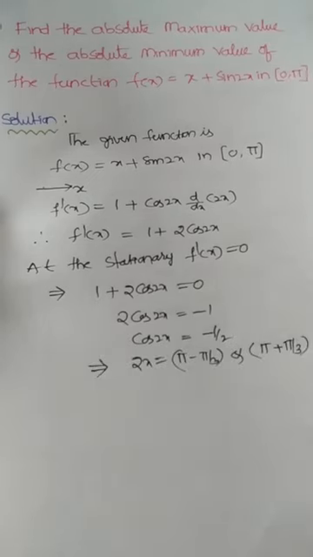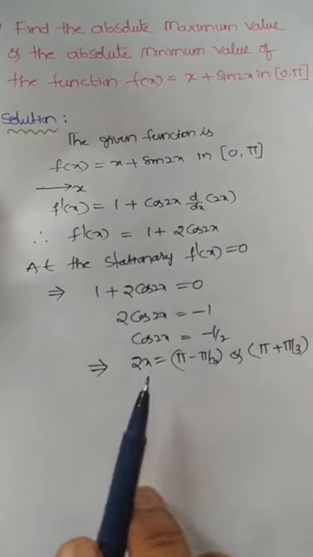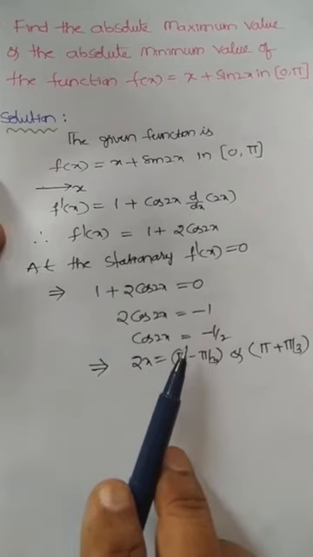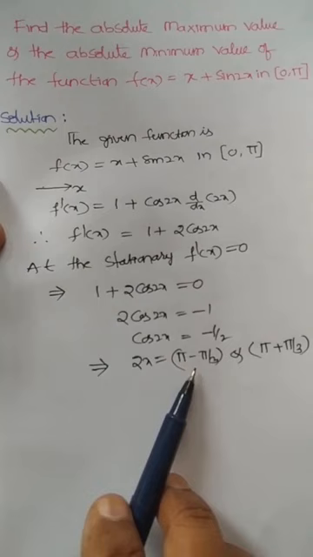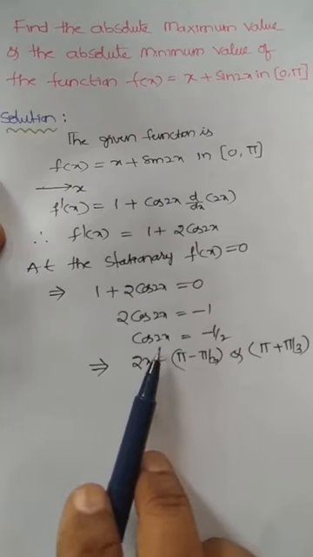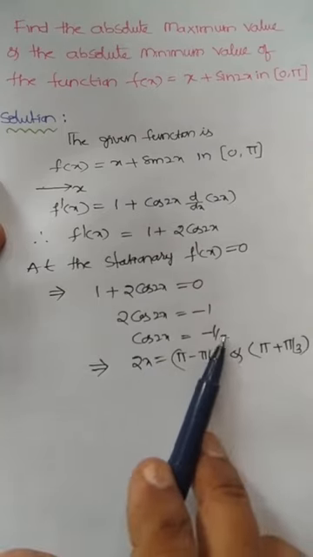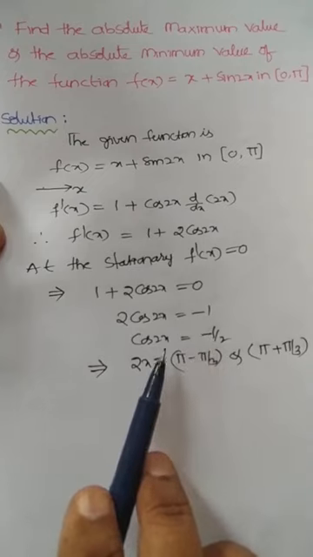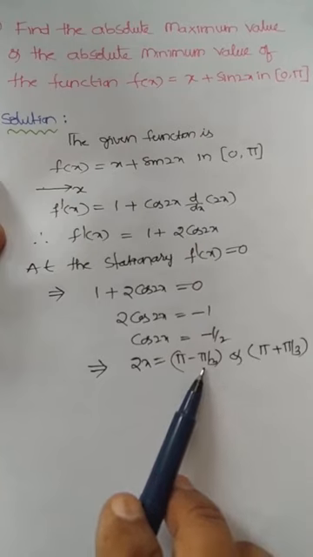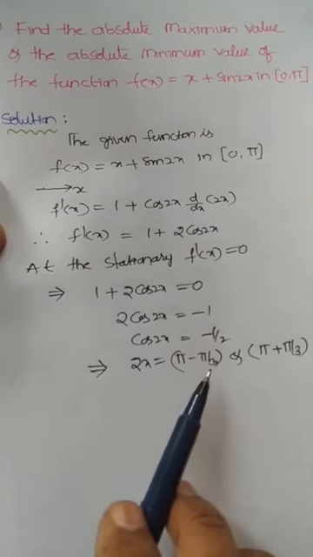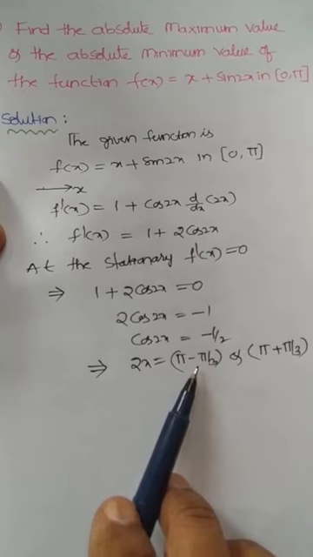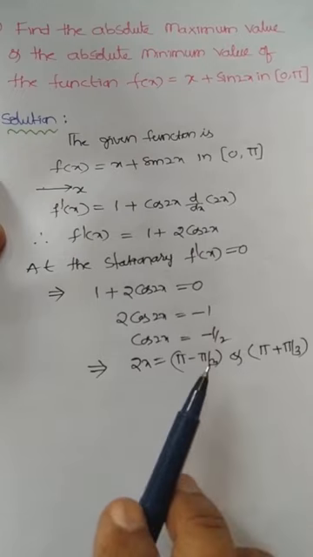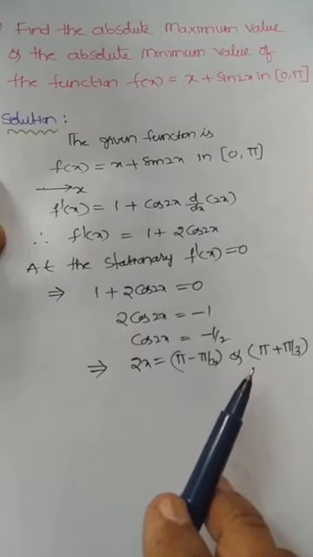So let us check. These two values will satisfy the equation: pi minus pi by 3, since cos pi by 3 is 1 by 2, and we need the negative sign. The cos must be negative in the second quadrant and the third quadrant. In these two quadrants cos theta is negative.